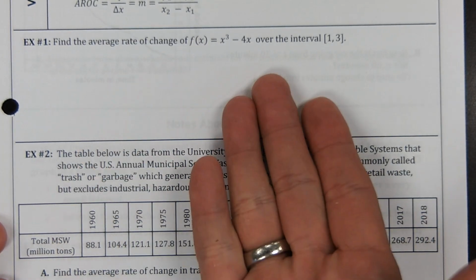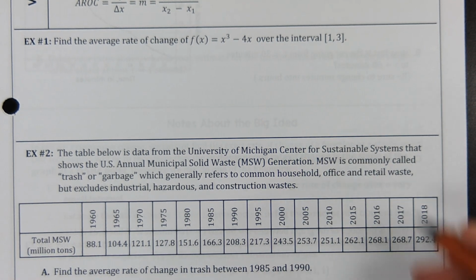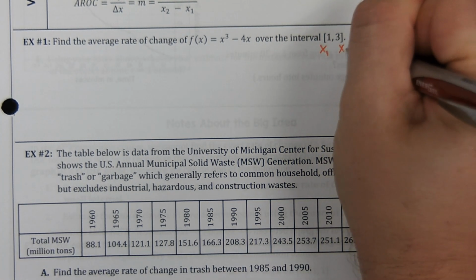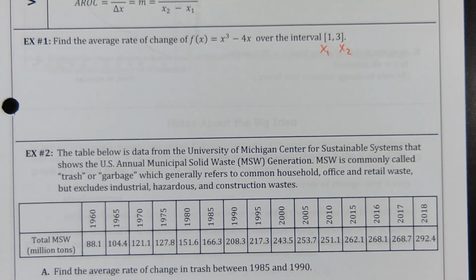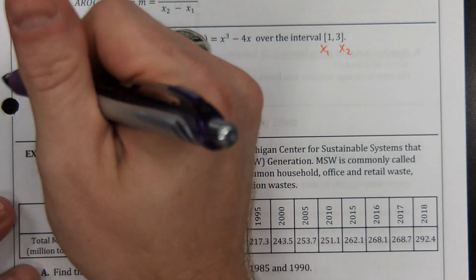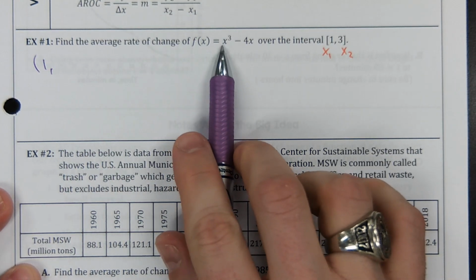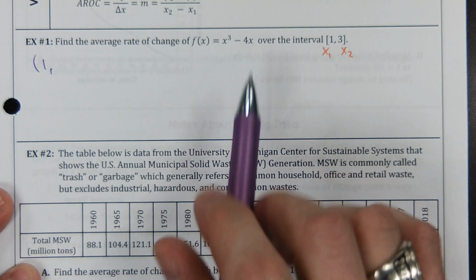It says find the average rate of change of this cubic. These are x's. This is x1 and x2. And if I know x's, how do I get y? Just gotta plug them in. So let's get our coordinates. We have 1 comma, 1 minus 4, negative 3.